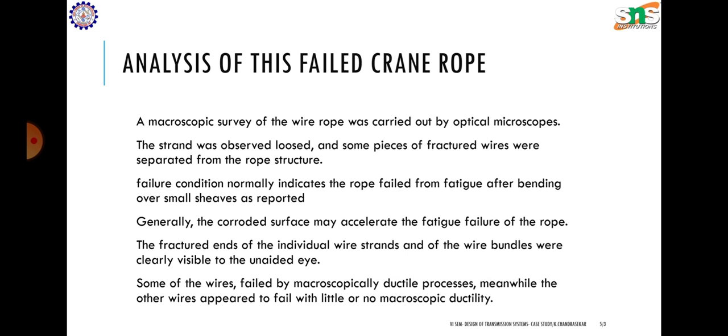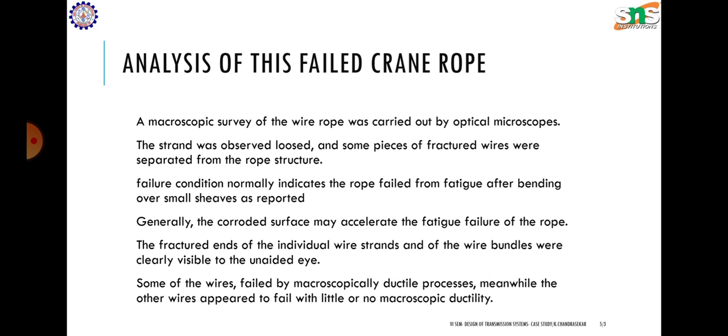So a team went to where the accident happened, and a macroscopic survey of the wire rope was carried out with optical microscopes. They found that the strands observed were loosened.